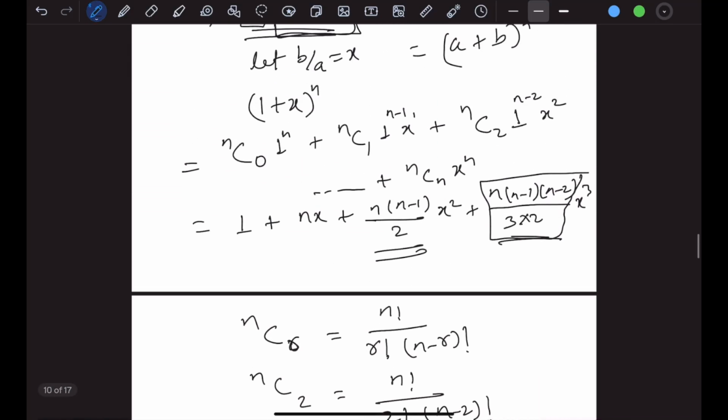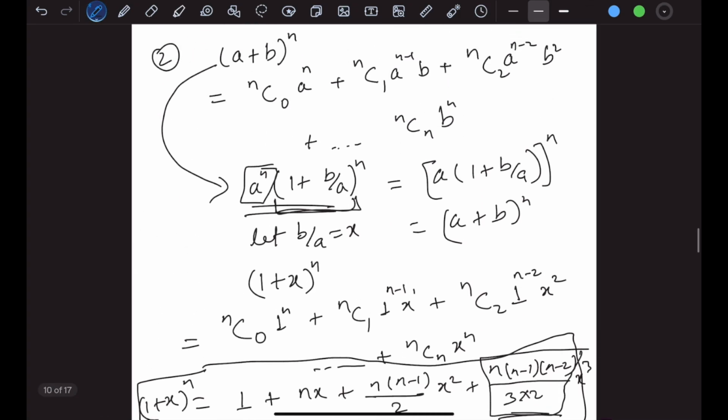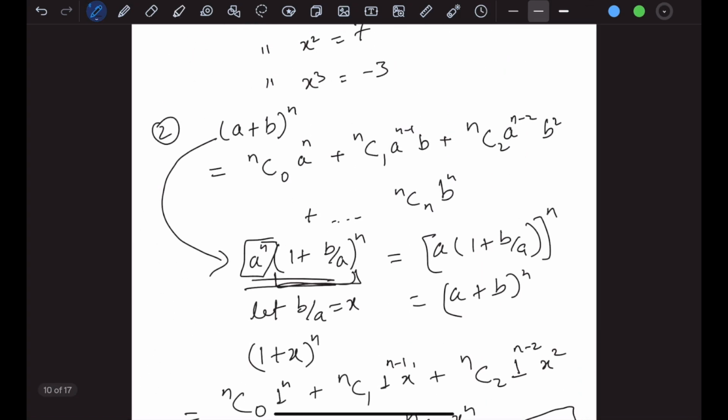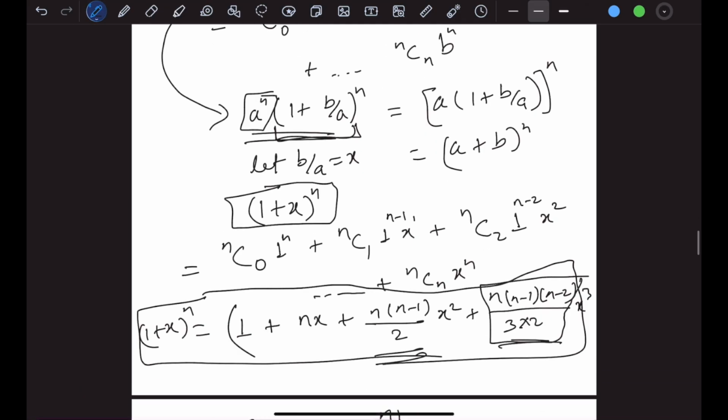Okay, so this is a simple expansion of (1 plus x) to the power n using binomial theorem. What I have shown here is (a plus b) to the power n can be written as (1 plus x) to the power n, and the a we have taken outside. So basically, this whole thing can be multiplied by a to the power n.